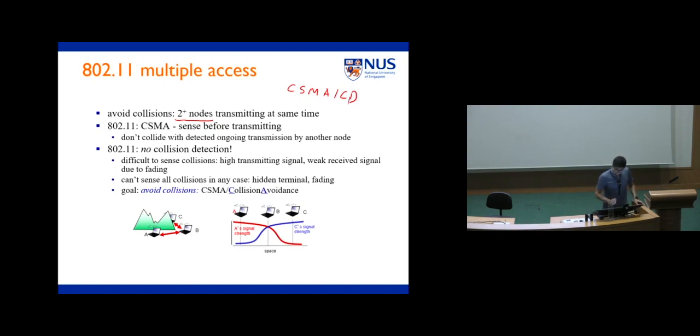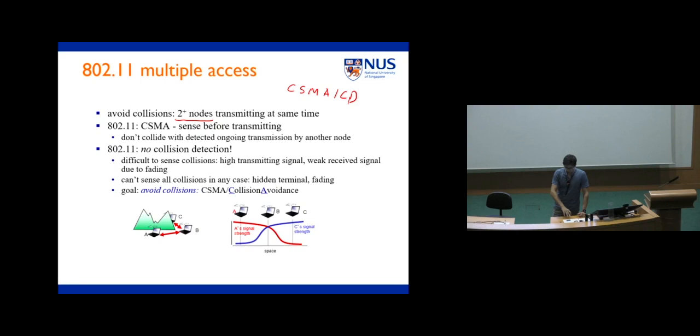So in Ethernet, what you do is, while you are transmitting, you also listen. But in Wi-Fi, while you are transmitting, you cannot listen, because it is almost like trying to listen to a whisper when you are shouting.